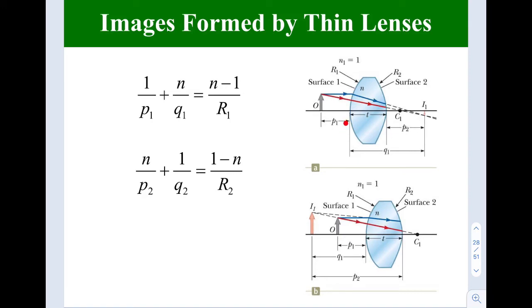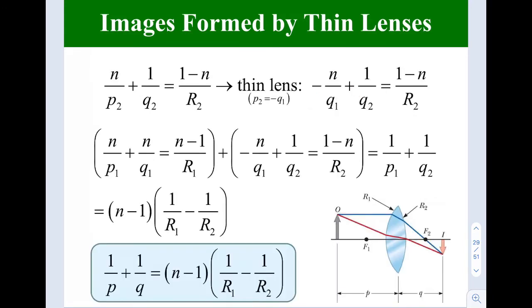Hence, we will have the equation negative n over Q1 plus 1 over Q2 equivalent to 1 minus n over R2, which is this one. Adding equations 35.12 and 35.14, adding these two equations, produces this, and finally it is equivalent to this.